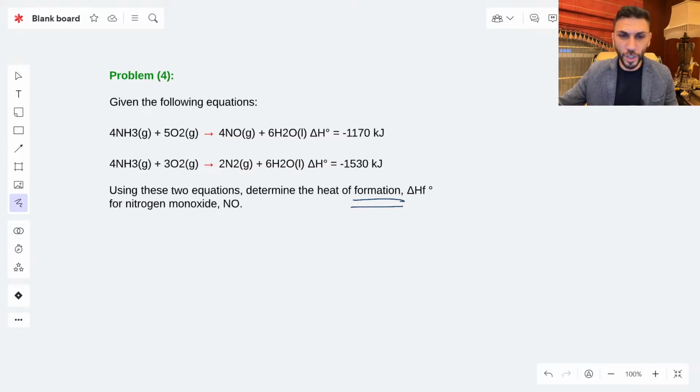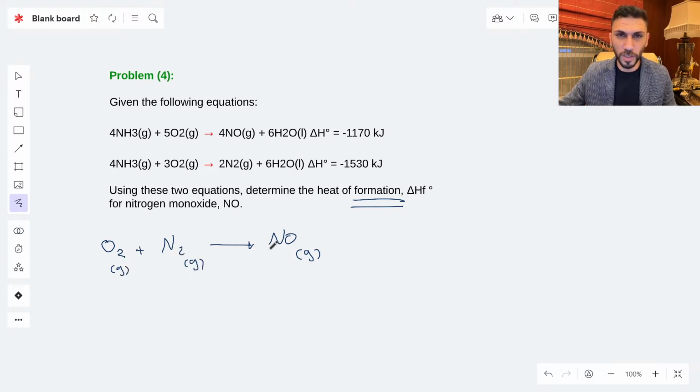So for NO, we need the formation reaction. NO is a gas, and we need 1 mole. The elements that make the NO are oxygen, O2, plus nitrogen, N2. All of them are gases.